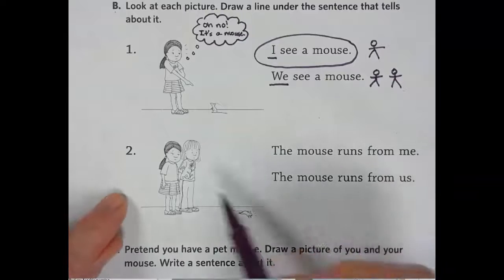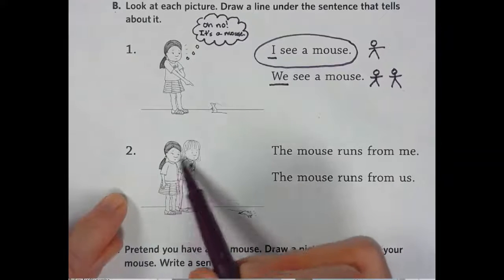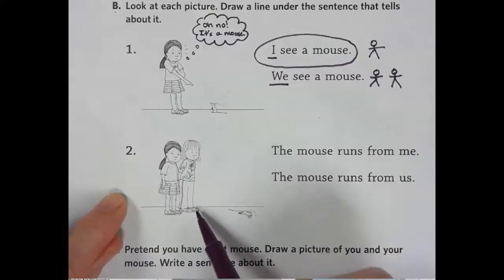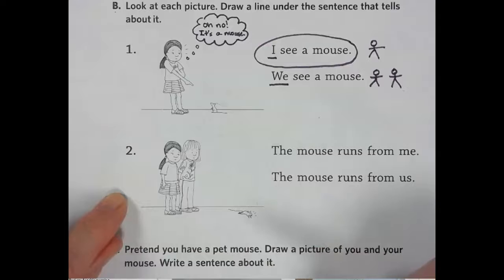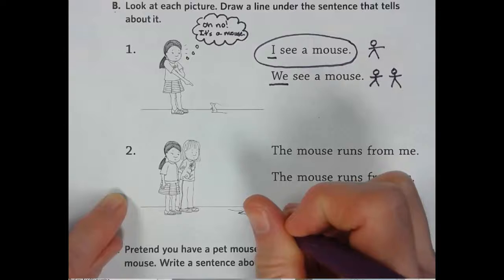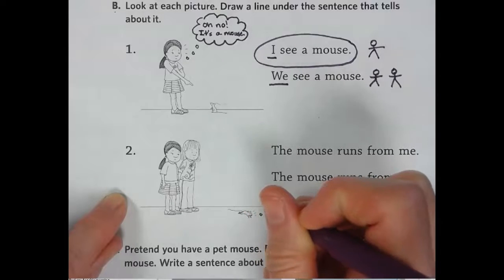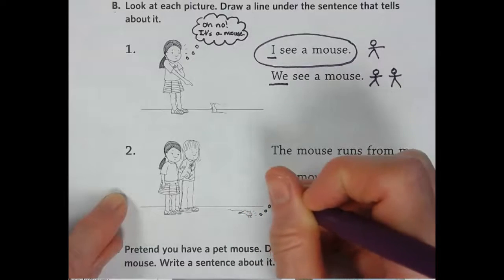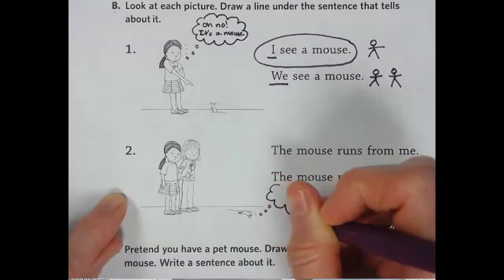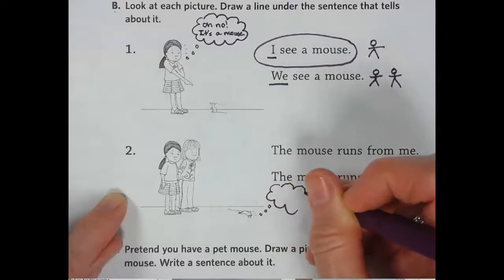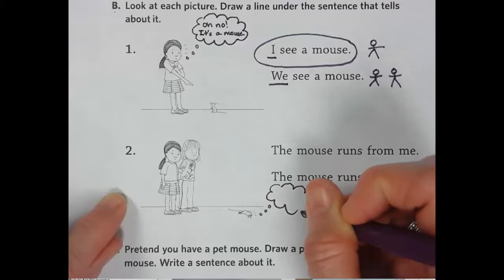All right, so here is our little girl again. She still doesn't look happy. She's brought a friend in, and the friend, she looks surprised. And look what the mouse is doing. He's like, ah! And if he had a thought bubble, here's what he would be saying. He is running and he does not look excited.